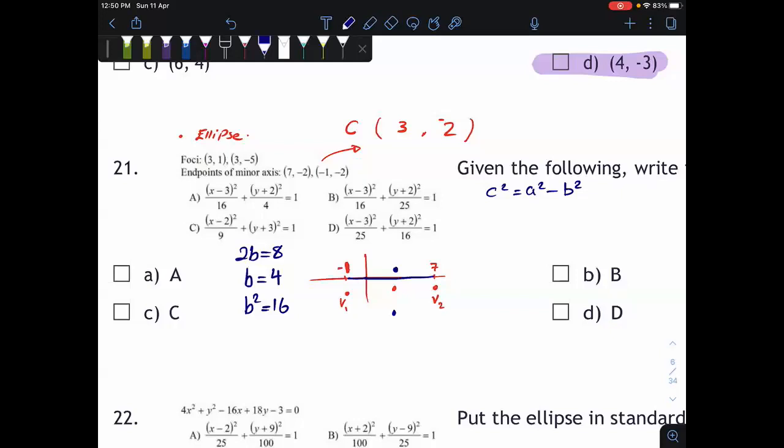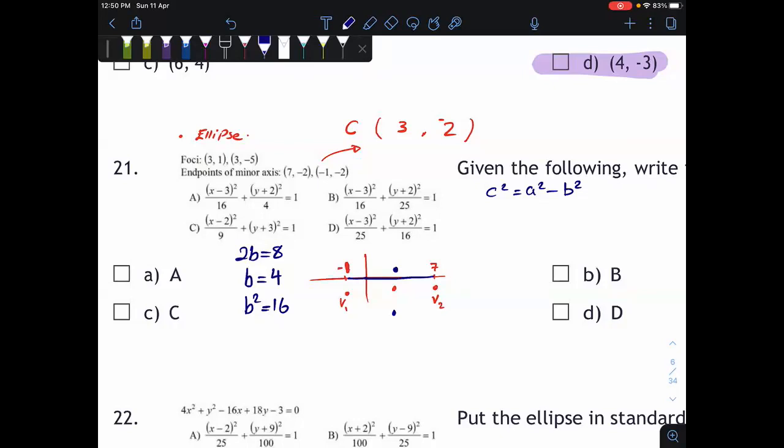From 1 to -5, it's 6 units. So the distance between F1 and F2 is 6.